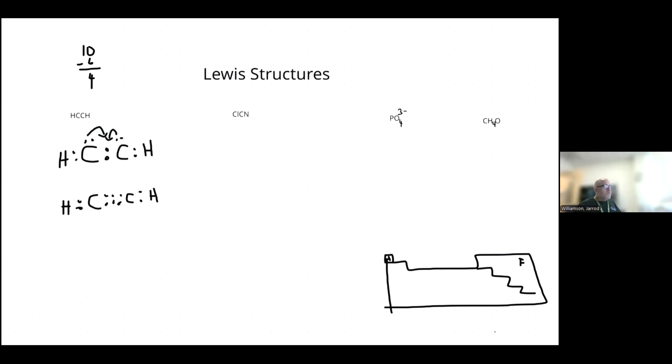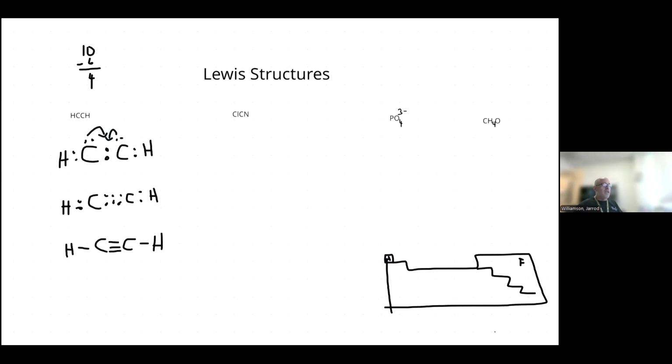So when I'm done here, this carbon has 1, 2, 3, 4 shared pairs of electrons, no lone pairs of electrons. And that is the Lewis structure for that.